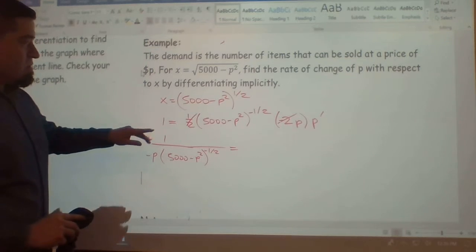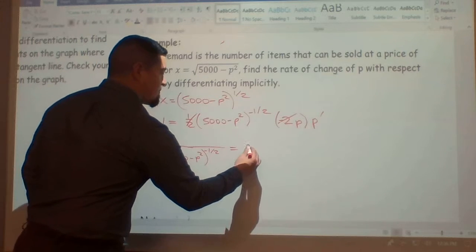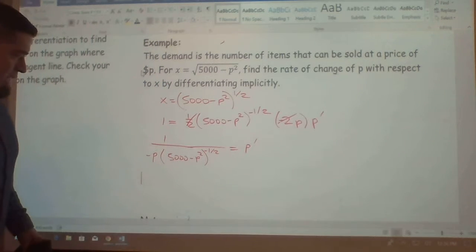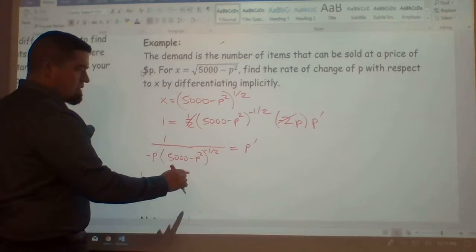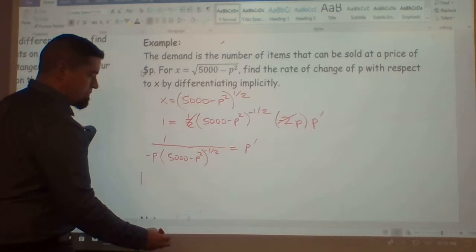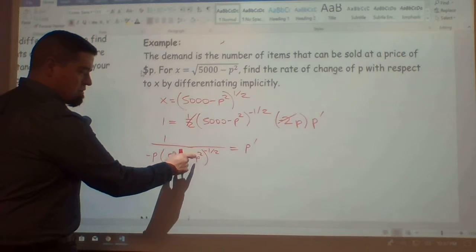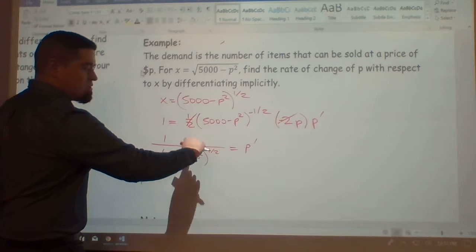So again, what am I trying to do? I'm trying to divide all this and leave p prime on this other side. Okay, so we've accomplished that, but now the negative exponent could also mean that this moves to the top. If it's in the denominator, the negative exponent means it can move to the top, and 1 over 2 just means the square root.